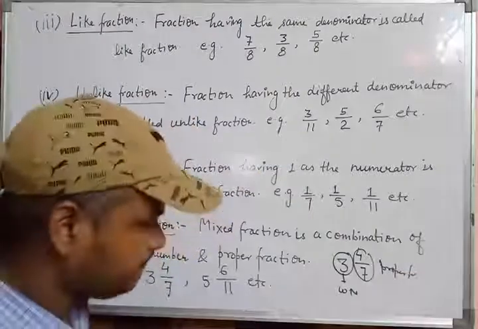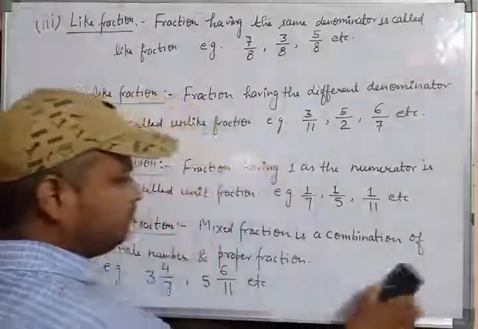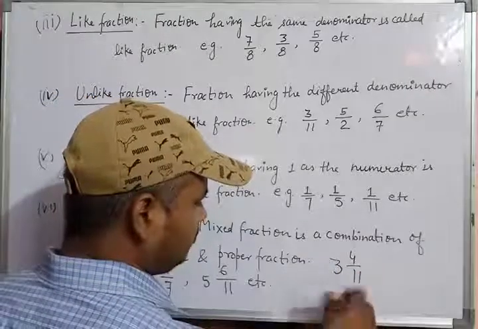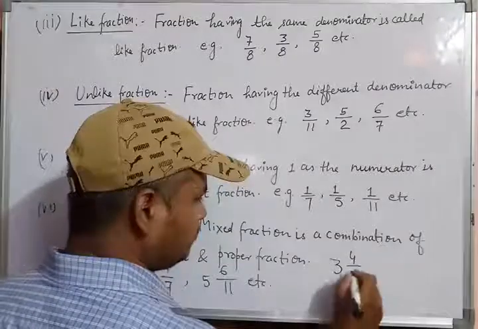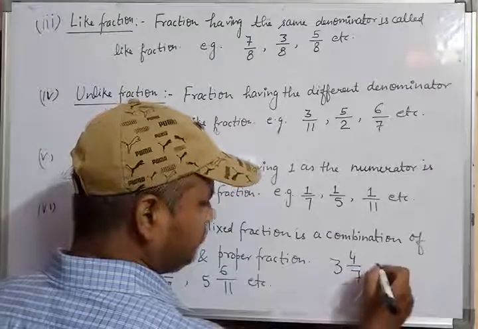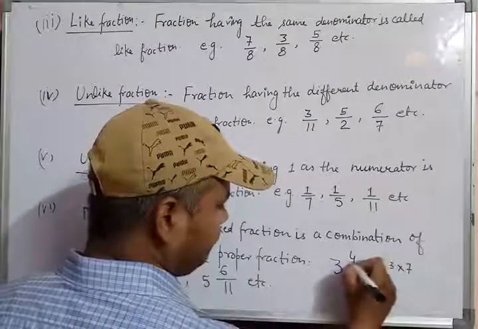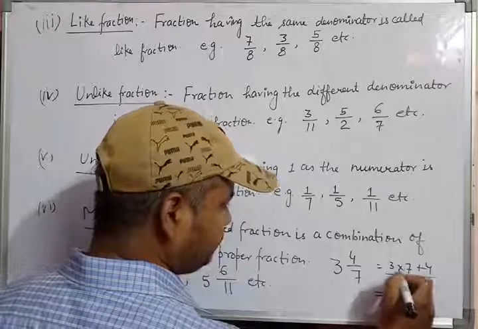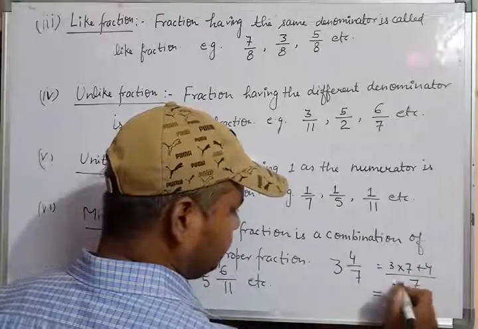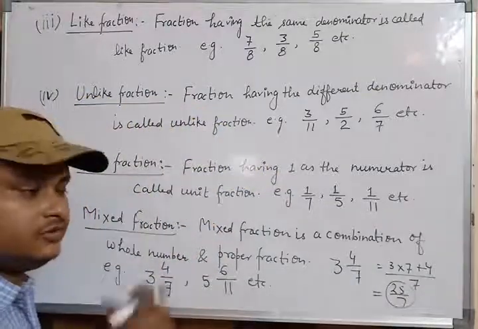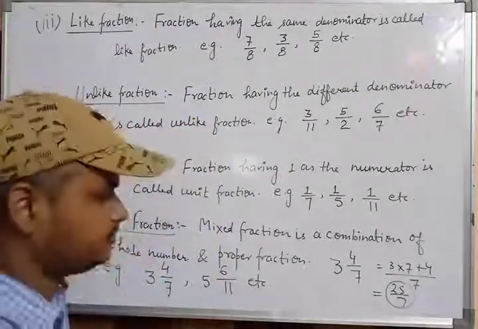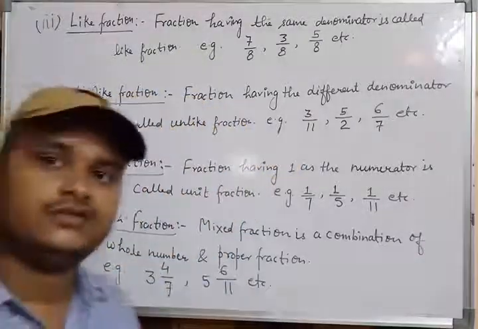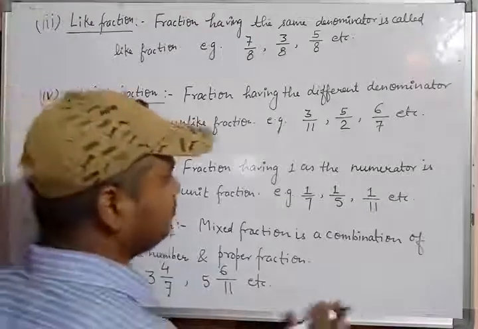So to convert this mixed fraction into improper fraction, multiply the whole number by the denominator, that is 3 into 7, and add the numerator, then we get the improper fraction. 7 threes are 21, 21 plus 4, 25 upon 7. So this is the improper fraction. This is the process of converting mixed fraction into improper fraction, and also improper fraction into mixed fraction.